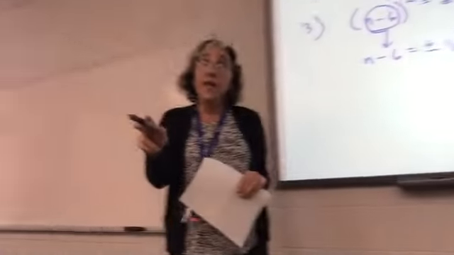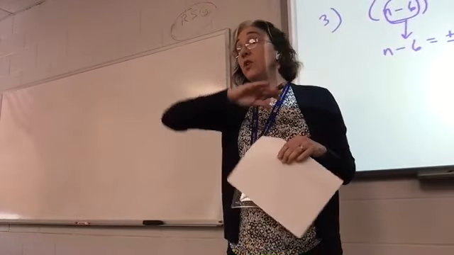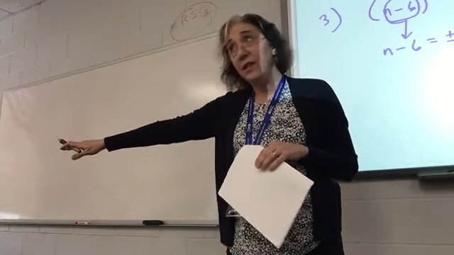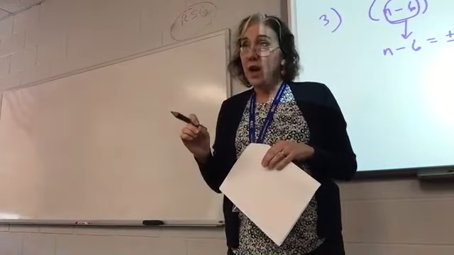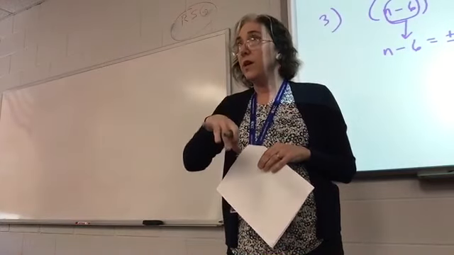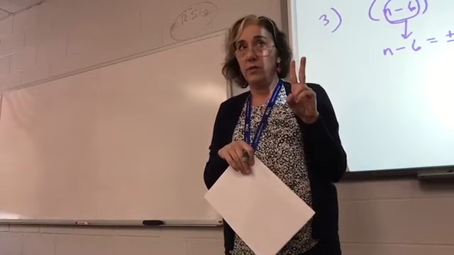The only reason I don't want you to just say square root both sides is because you might lose your negative. We have students that go all the way up to calculus that are still doing that. We don't like that. If you've got a square equals a number, or an expression squared equals a number, and you're using the square root method, you get 2 answers, not 1.